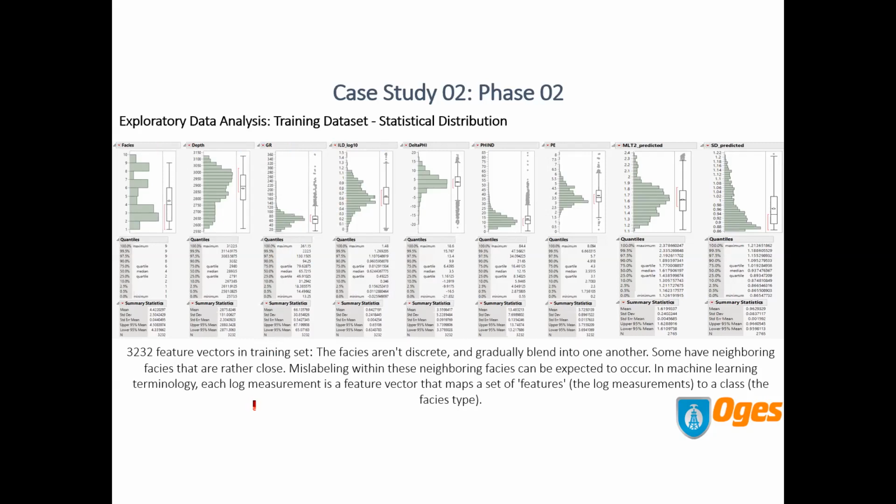And so we had a lot of feature vectors in this training set, and the facies here essentially weren't discrete and gradually blended into one another. So some of the neighboring facies had to be taken into account. And so we didn't want to mislabel with these neighboring facies because, as you can expect, it's not a clean cut between this is sandstone and this is where it starts, this is where it ends.